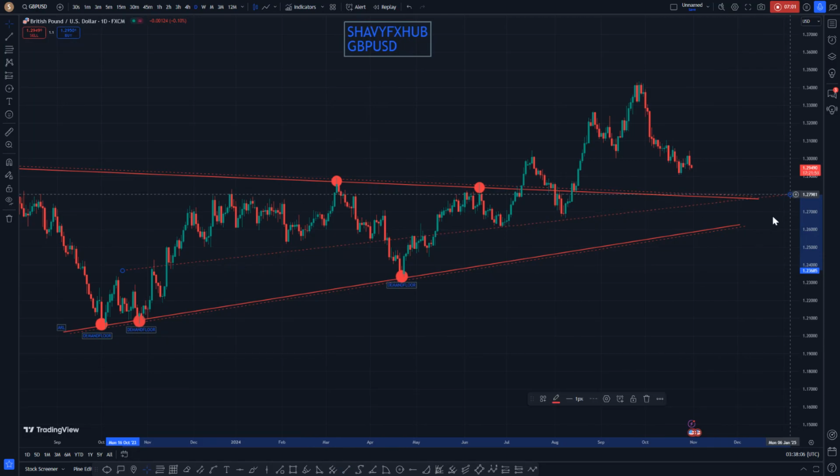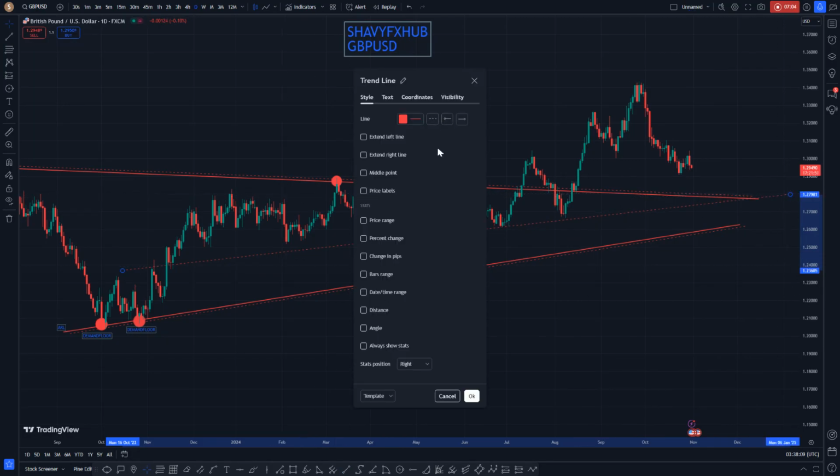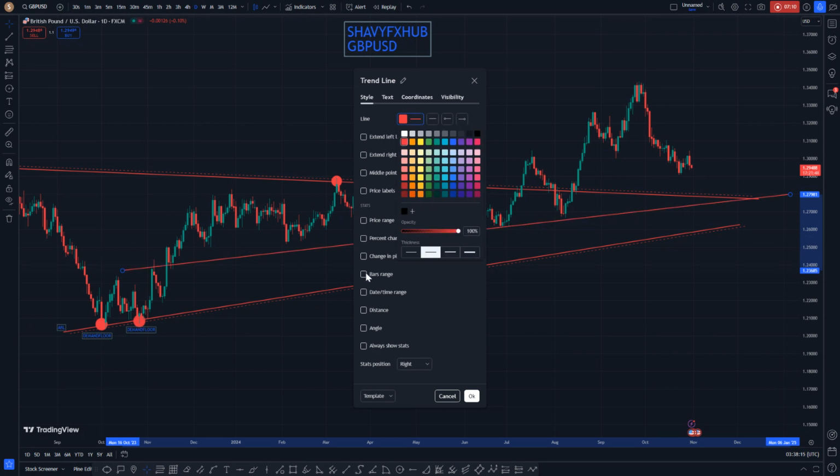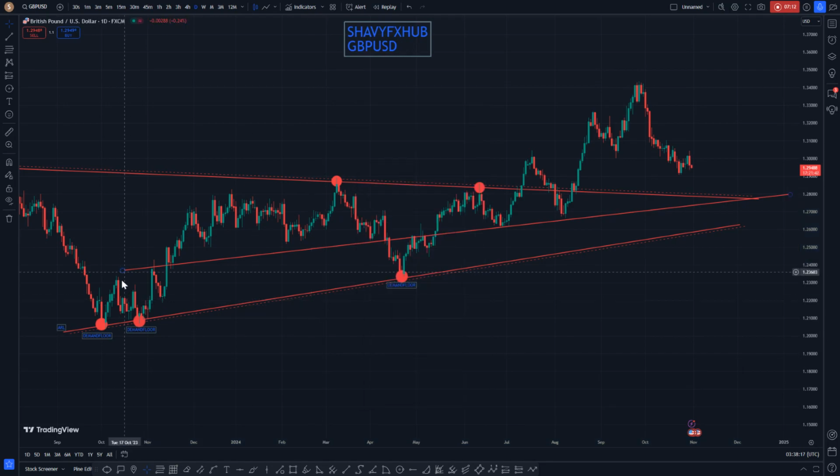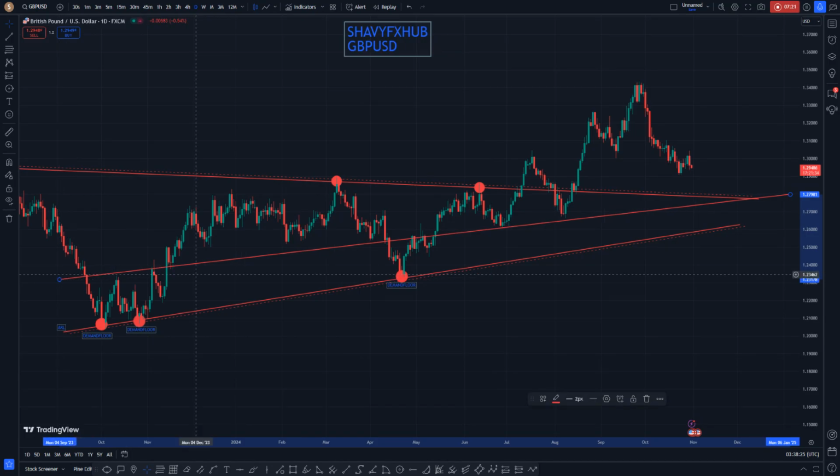This will be our evidence that if price makes its way to this level, it stands a big chance of holding support.